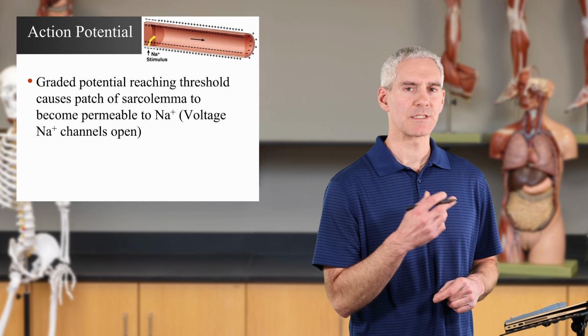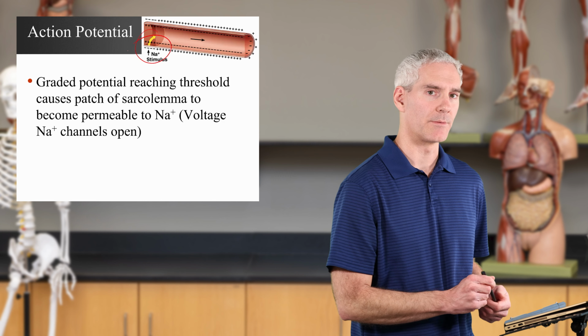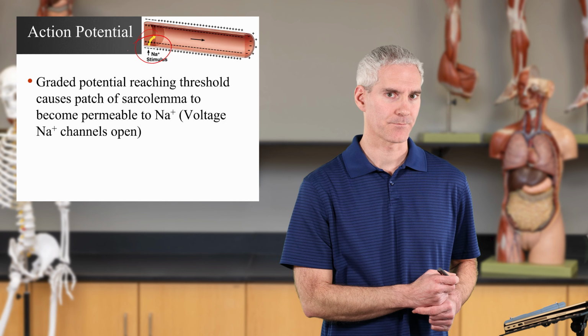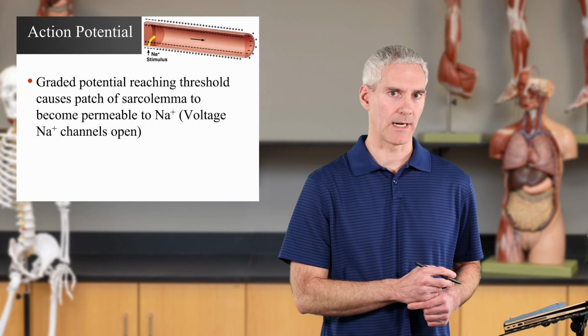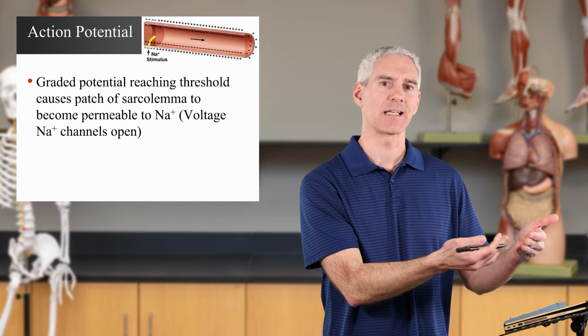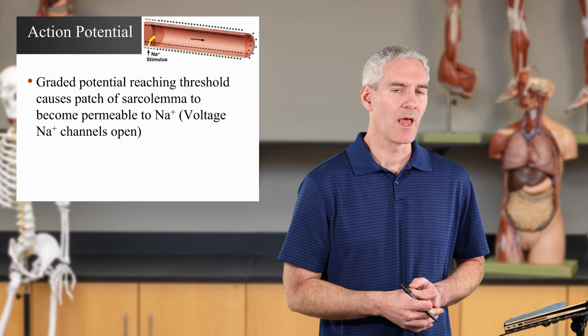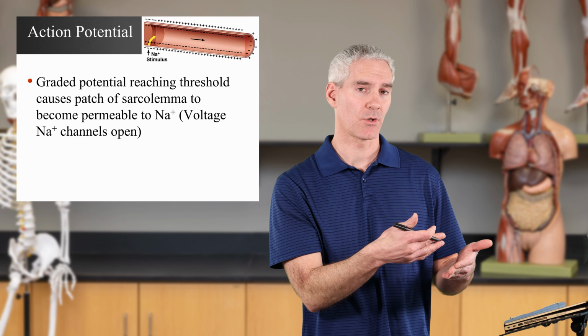So as those sodium ions start to travel in, you can see right here, sodium is going into the cell. That area, right where it's depolarizing, again, as sodium positive ion goes in, the inside becomes less negative. As you depolarize, it's going to head up to hit threshold.